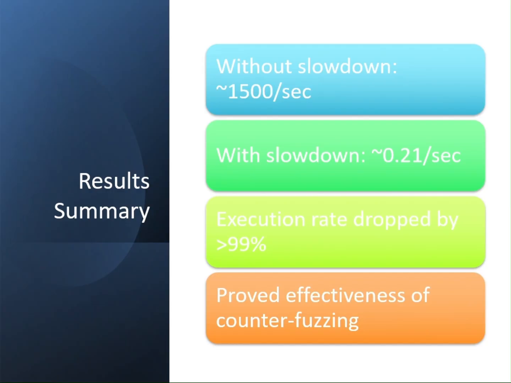In a real fuzzing scenario, such a slowdown means that an issue that might have been found in minutes could now take days or weeks to surface, if ever. The fuzzer's effectiveness is basically neutralized as long as the slowdown is active.